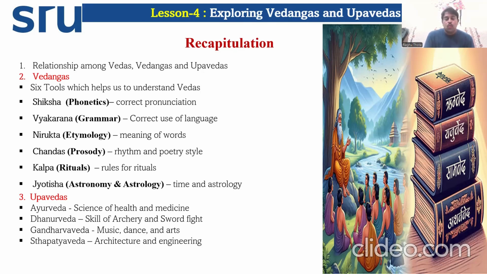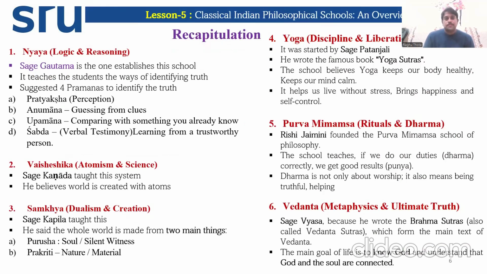And Upavedas, whatever the information you have learned from Vedas, with the help of Vedangas, that you need to put into practice in the real-time situation, those skills are called Upavedas. So that is the relationship among Vedas, Vedangas, and Upavedas. It is in brief about lesson number 4, exploring Vedangas and Upavedas.